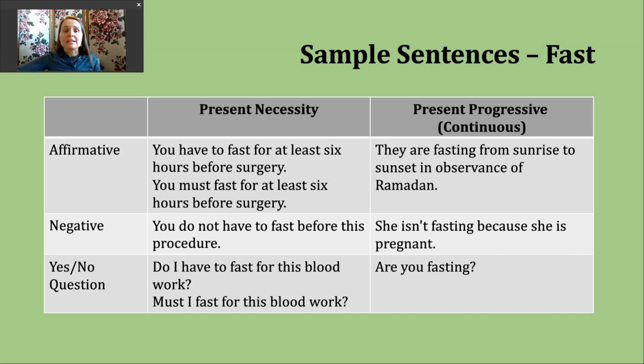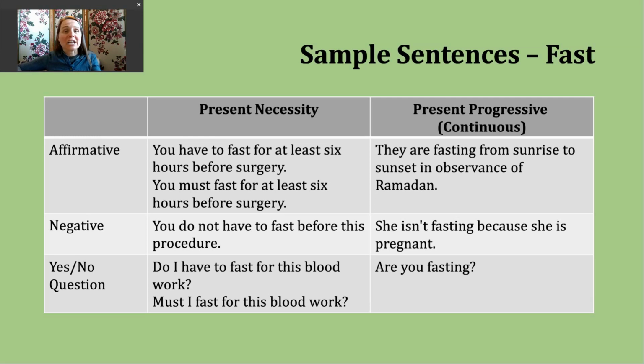Now let's talk about telling someone they don't need to do a particular action. There's only going to be one way that we do that. And so we're going to take our have to and just make it negative, right? So we're going to follow the same rules as when we make something negative in the simple present. We're going to pay attention to our subject.